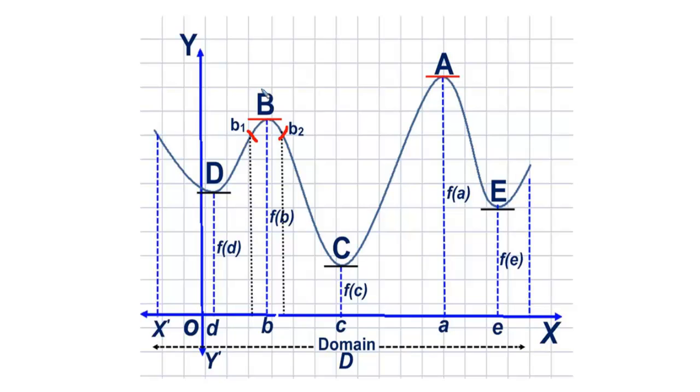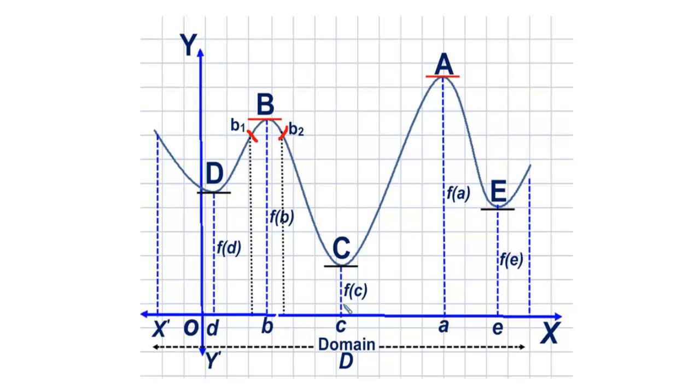Again, consider the points C and D. We see that C is the lowest point on the curve because the ordinate f of C is smaller when compared to the other ordinates.